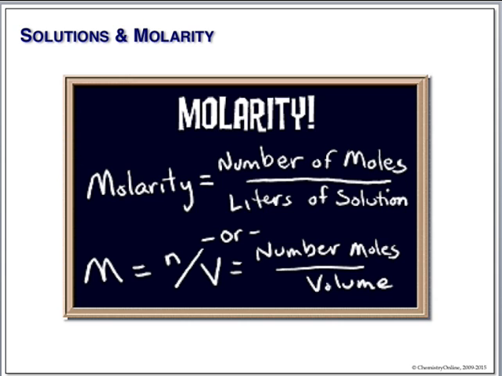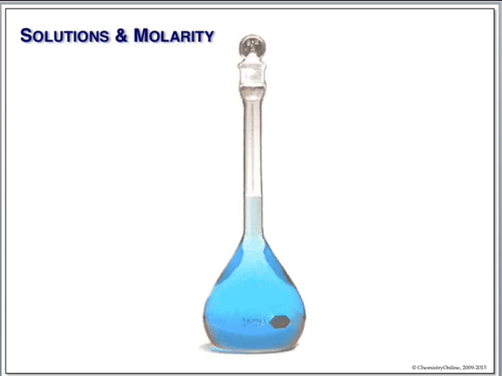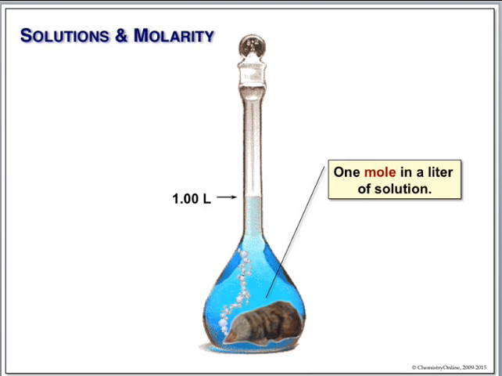Molarity is simply defined as the number of moles divided by the liters of solution. This is 1 liter of solution, and this is 1 mole per liter. That's all in the world you have to remember. For molarity, the number of moles in 1 liter of solution.